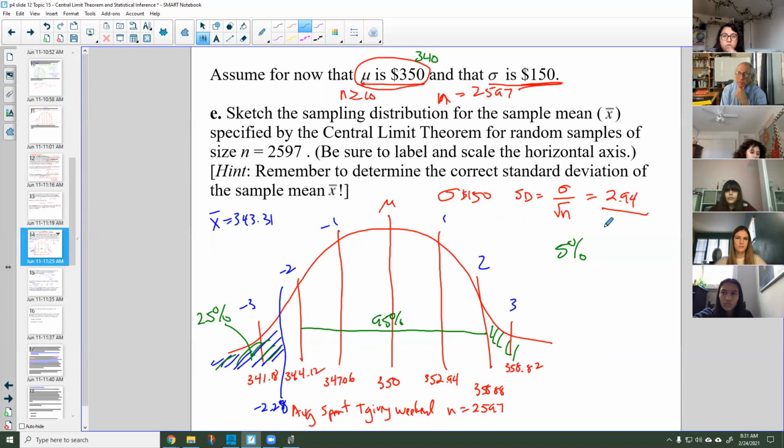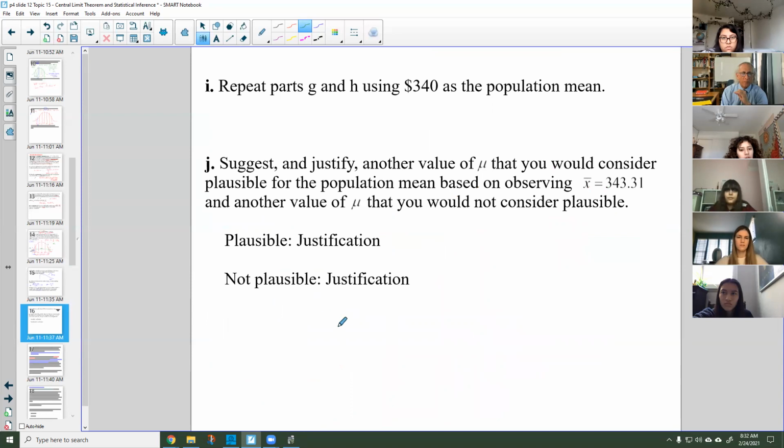Because they just said try a different mean. They didn't say try a different standard deviation. And the standard deviation for a sampling distribution is standard deviation divided by the square root of n. Standard deviation is the same, n is the same. It's still going to be 2.94. So let's do what they asked and see what it looks like.